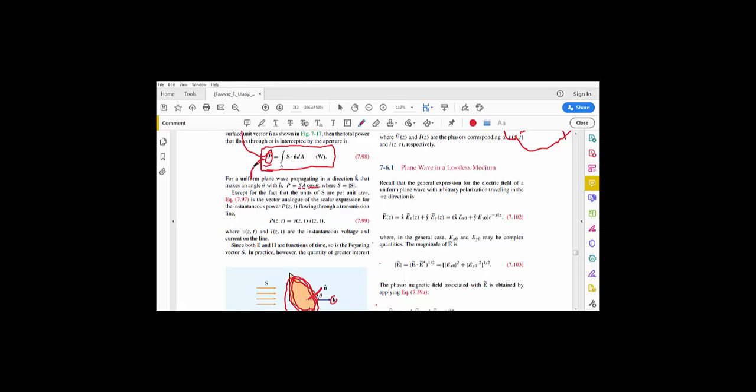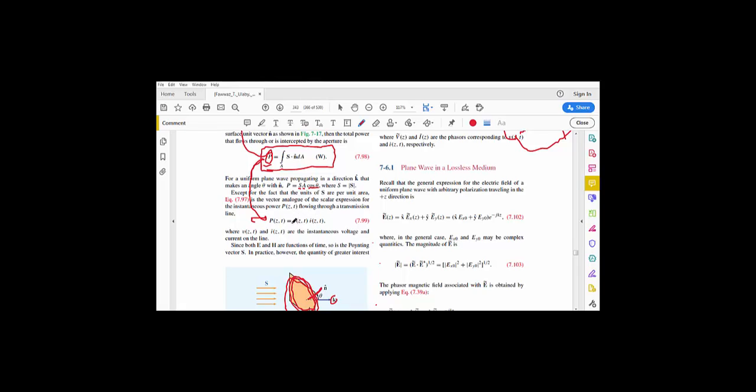According to this integration, the resulting power is typically equal to the power calculated in a transmission line, which is equal to the product of voltage and current, because we will integrate the electric field and the magnetic field.